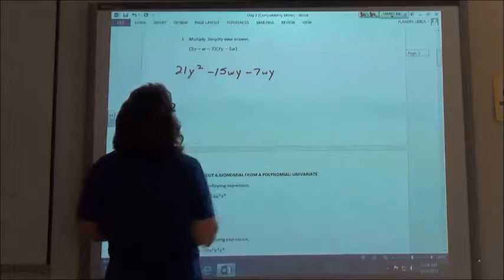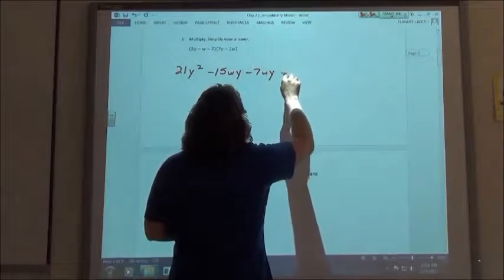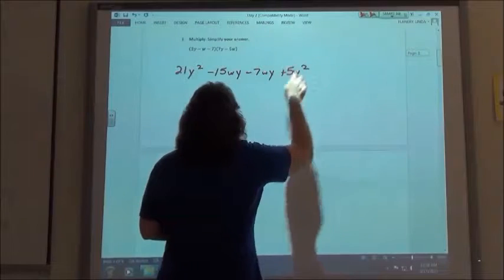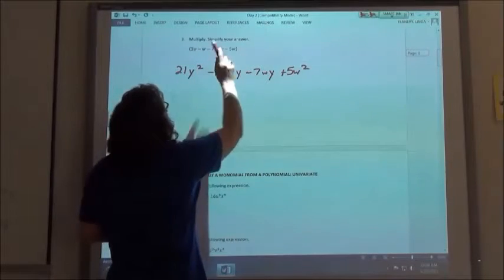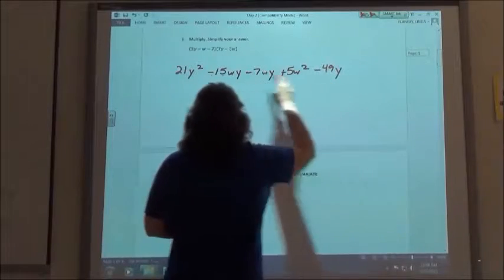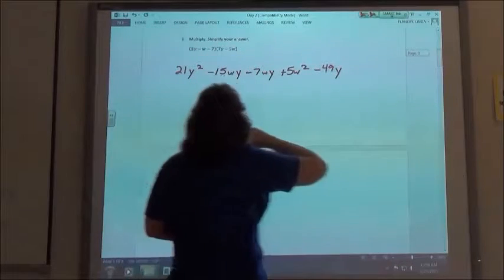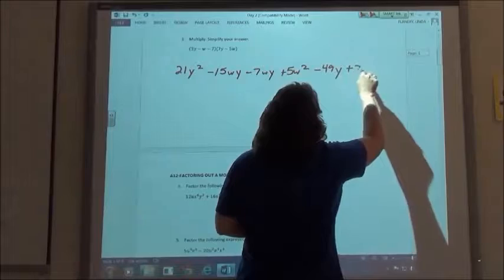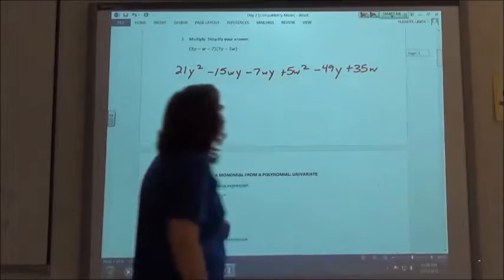Negative w times negative 5w would be positive 5w squared. Negative 7 times 7y would be negative 49y, and then negative 7 times negative 5w, positive 35w.